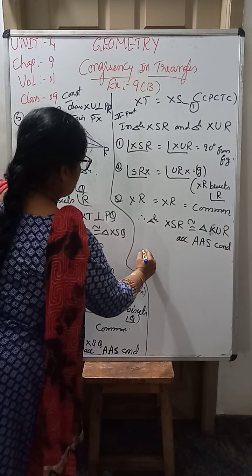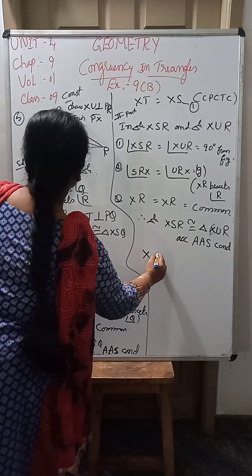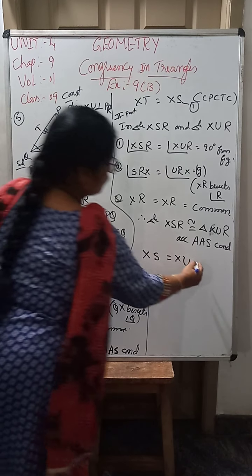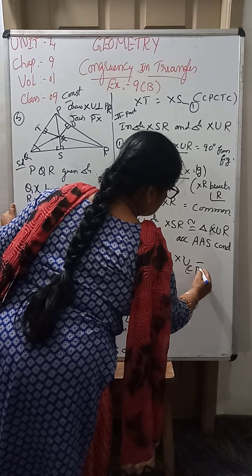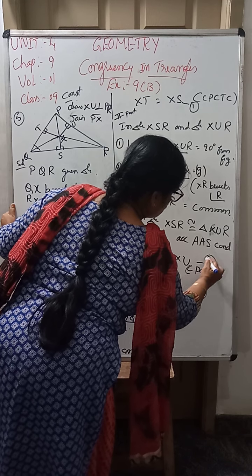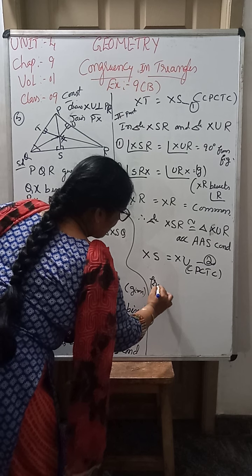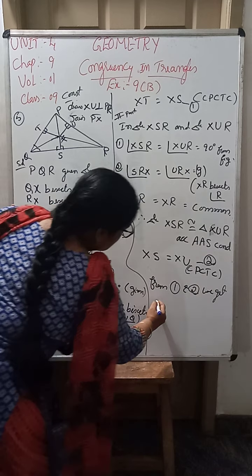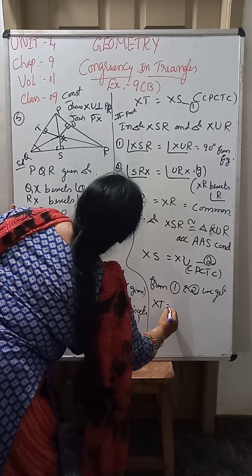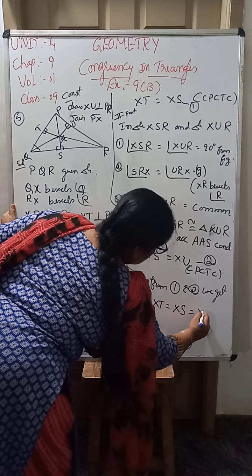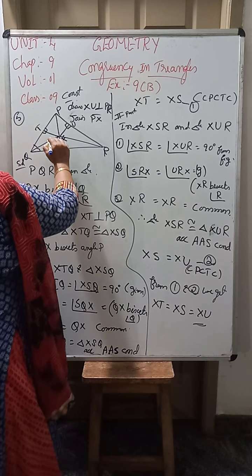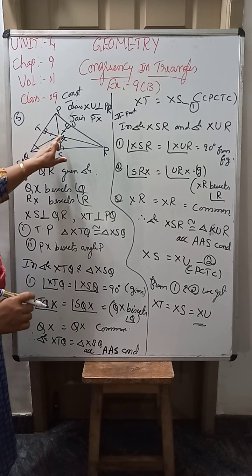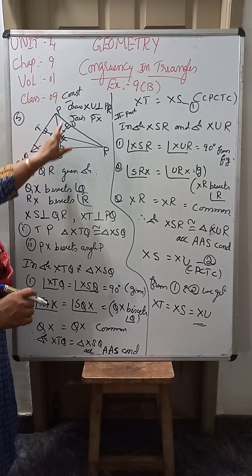Now XS is equal to XU, according to CPCTC, and call this as 2. From 1 and 2 we get XT is equal to XS is equal to XU. So all these three perpendicular lines are equal.